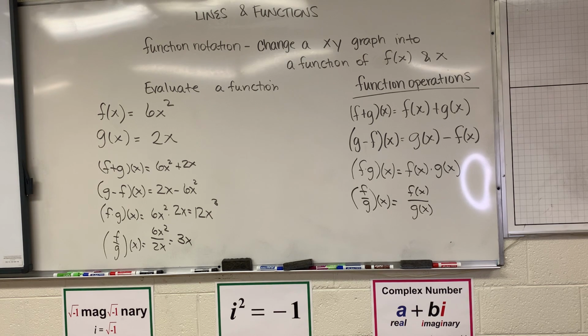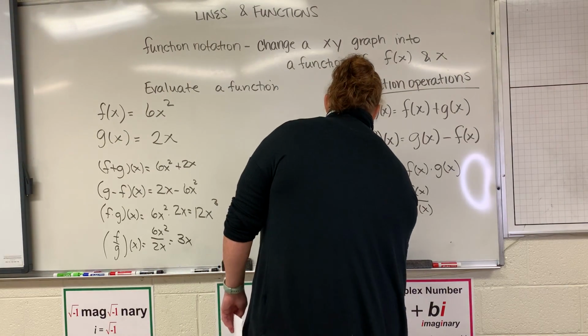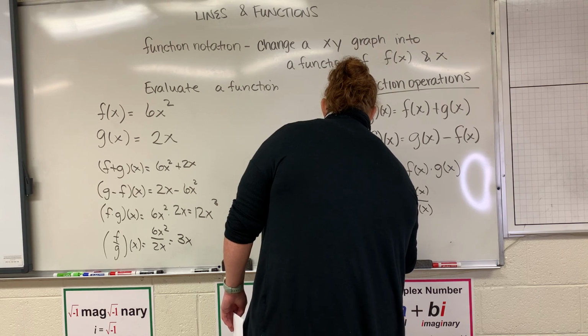Alright, and then the last function operation is composition. Do you guys remember composition? Yes? No? Yeah. You're taking a function, putting it in a function. Good. And it gets the symbol of a little open circle.